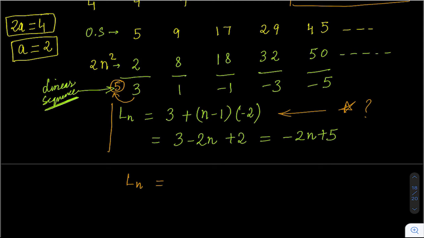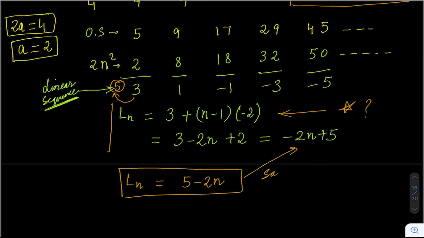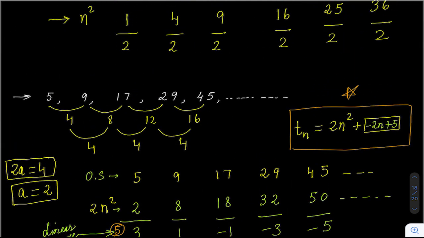So 3 plus 2 is 5. So I have 5, and then the difference is minus 2, minus 2, n times. And you can see this and this are the same. So this is how you can find the nth term of a quadratic sequence.